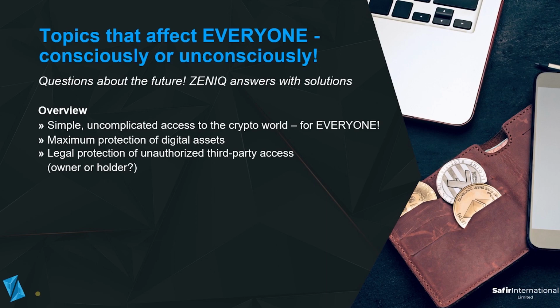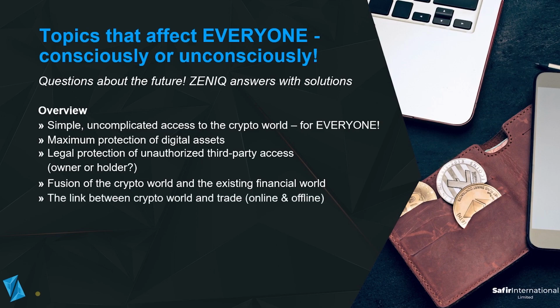Also, there is a fusion between the crypto world and the existing traditional financial world. We will come to that later, how the Zeniq ecosystem managed to combine these two different worlds. And there's also a link between the crypto world and the traditional retail trade, offline and online.